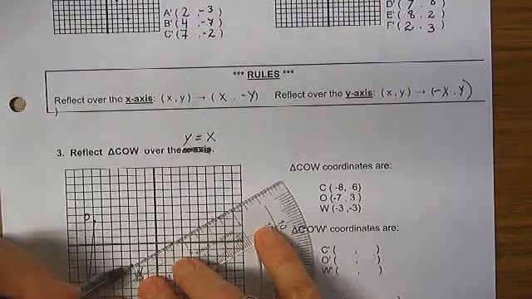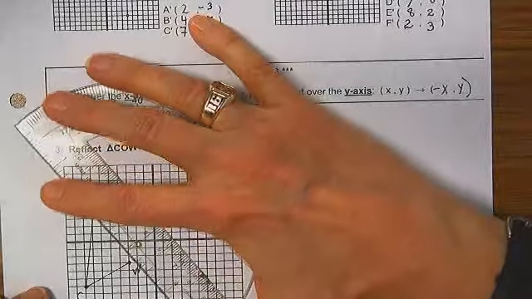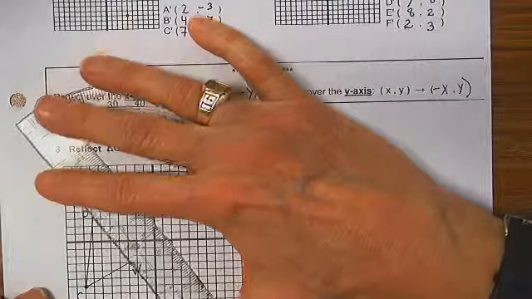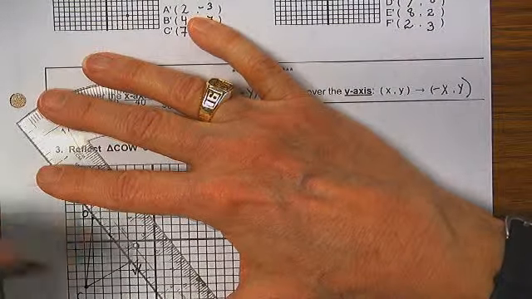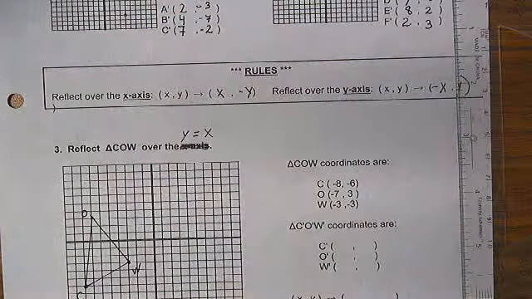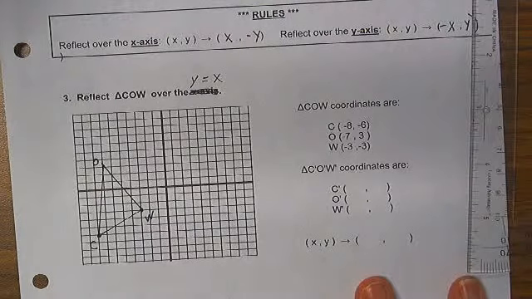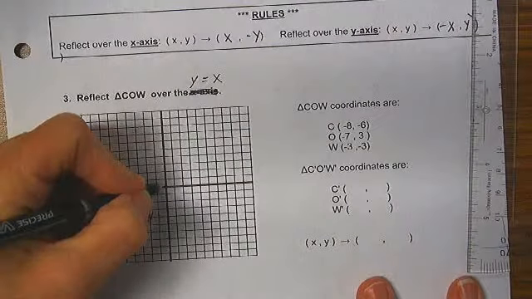Well, now what's going to happen? Well, if we have to reflect over y equals x, which is the parent linear function, we have to figure out what y equals x looks like. Well, if x is 0, what is y? Well, if x is 0, y is 0.